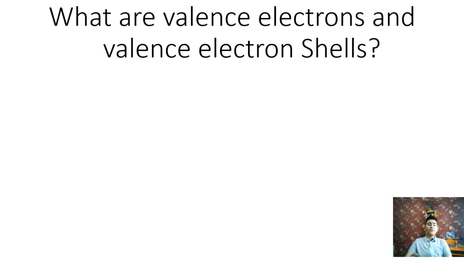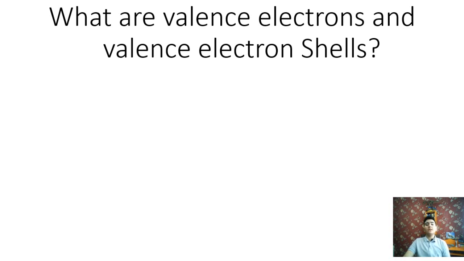These electrons, which are the farthest from the nucleus of that atom, are named valence electrons, and the shell that has these electrons inside it is called the valence shell.